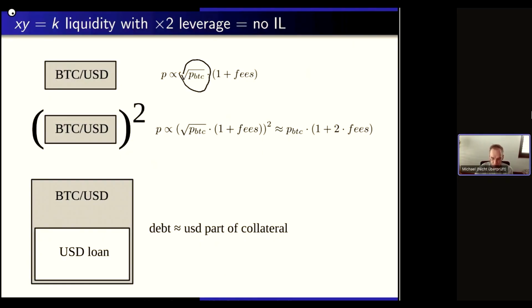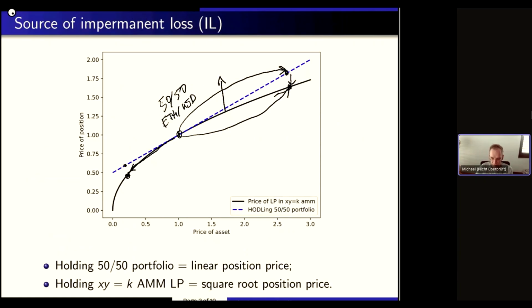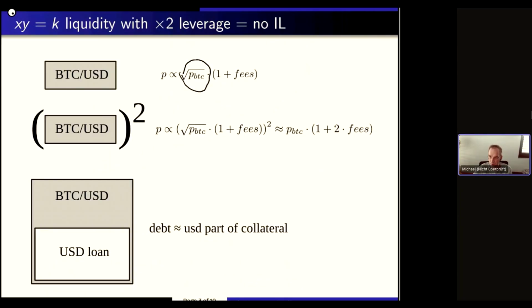So if you look back at this graph, the solid line looks awfully similar to square root, and it actually is. Of course, you get it multiplied by whatever factor, which means that you're earning fees, but it is still square root fundamentally.